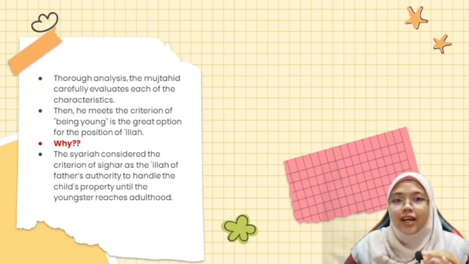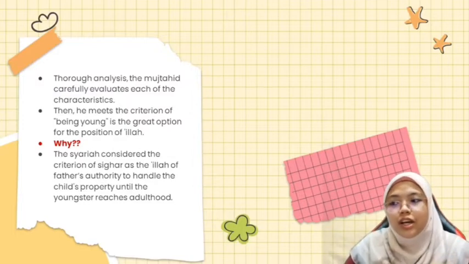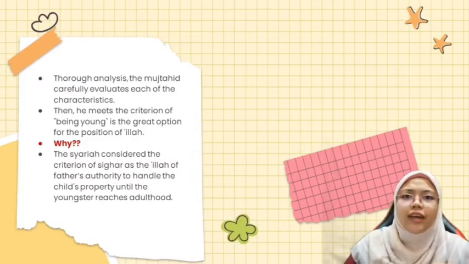Through the analysis, the mujtahid carefully evaluates each of the characteristics. Then, he finds that the criterion of being young is the best option for the position of illah. But why? What do you think?